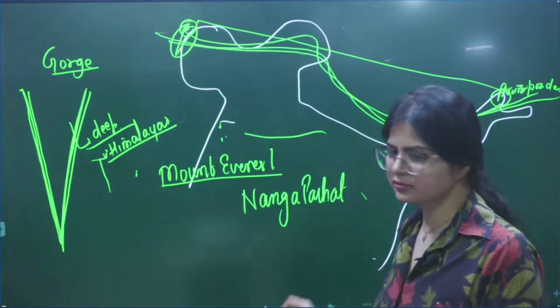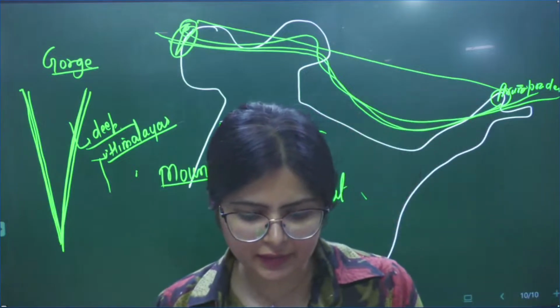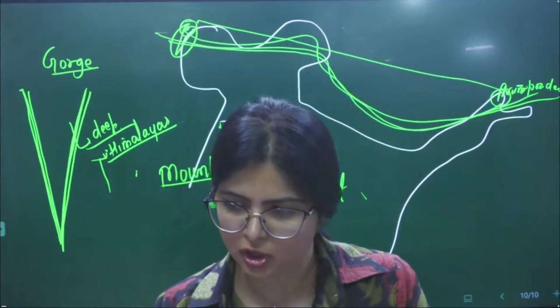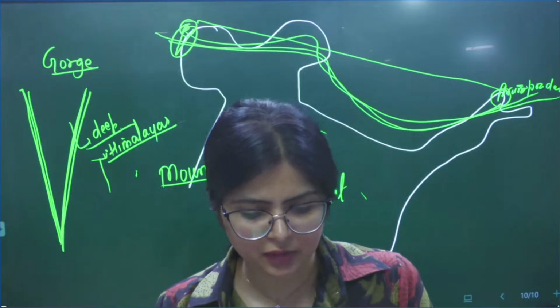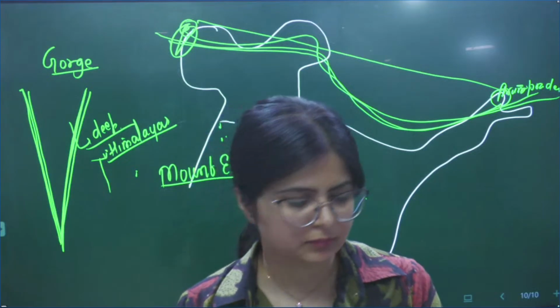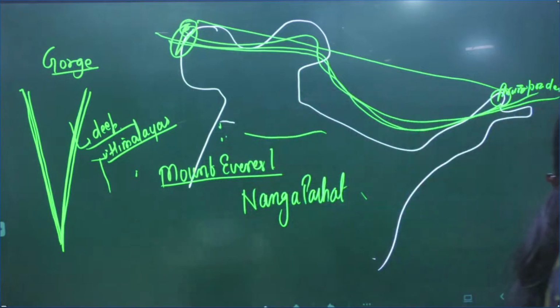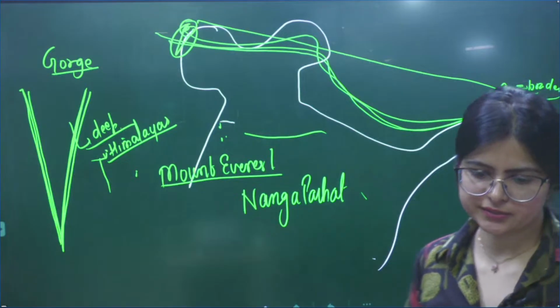The next point is Nanda Devi, comma, Kamet, and Namcha Barwa are its important peaks.